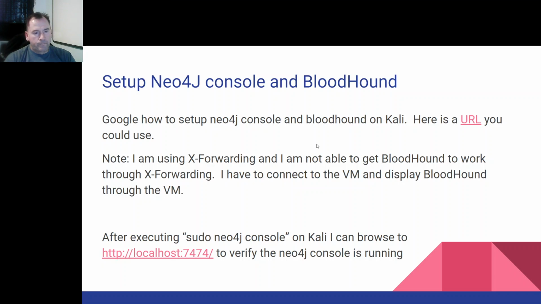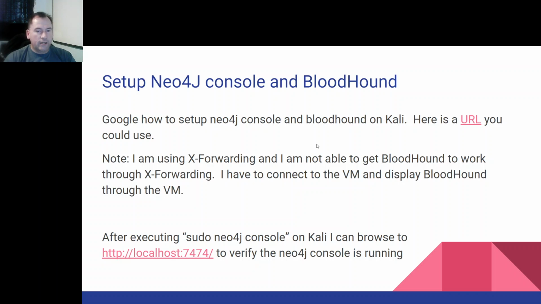After you install Neo4j and BloodHound, you want to execute sudo neo4j console. You're supposed to be able to run neo4j console, but the first time I loaded Neo4j, and this was not in the last couple of weeks, I loaded it with root, so now I have to continue running sudo.